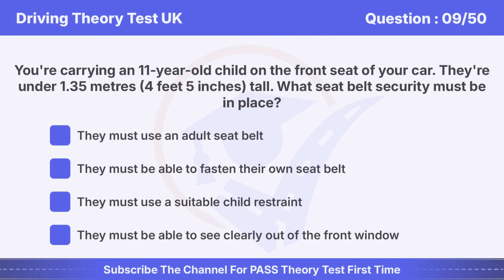Question 9. You're carrying an 11-year-old child on the front seat of your car. They're under 1.35 meters, 4 feet 5 inches, tall. What seat belt security must be in place? Answer is C. They must use a suitable child restraint.